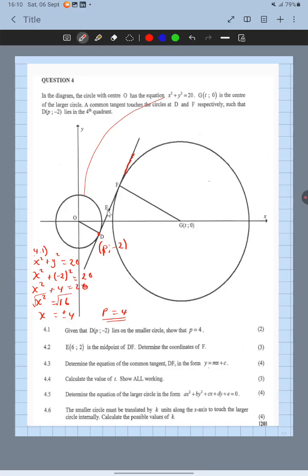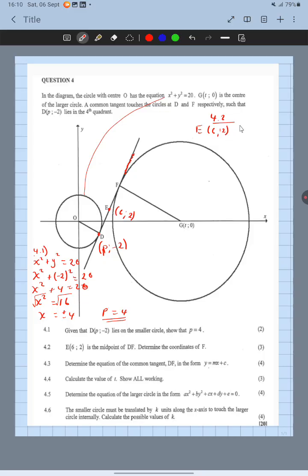So we are given the point E. Once they tell you about the midpoint, let's take the midpoint equation, right? In 4.2, E is (6, 2).